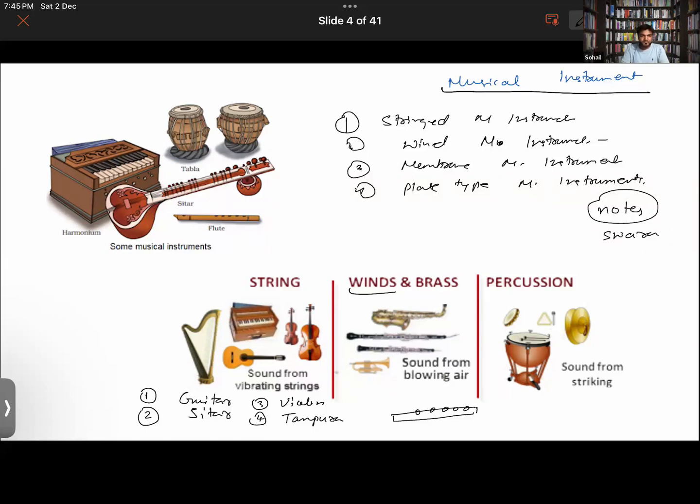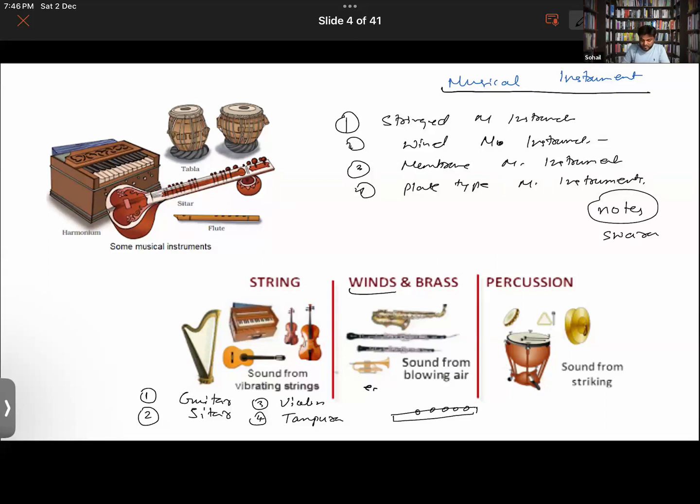So here basically you will have different types of instruments. For example, we have flute, like you have sehnai, trumpet. See the trumpet. Here you see wind instruments, and sometimes it is mentioned as wind and brass also. Trumpet is a musical instrument whose body is made of brass. In that manner its name is wind and brass instrument as well.